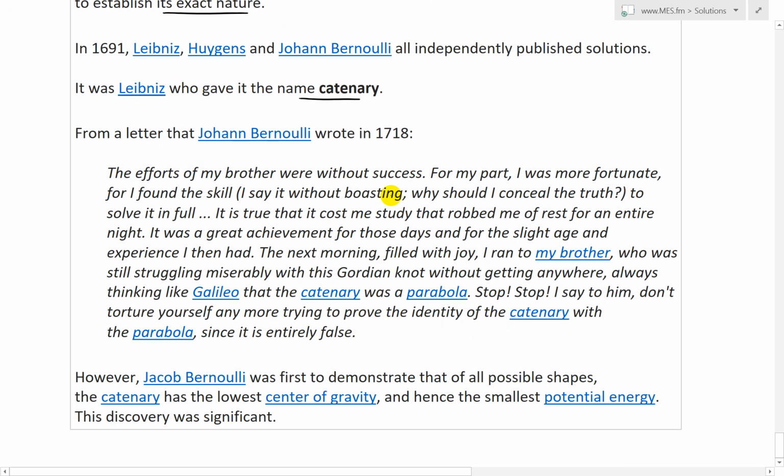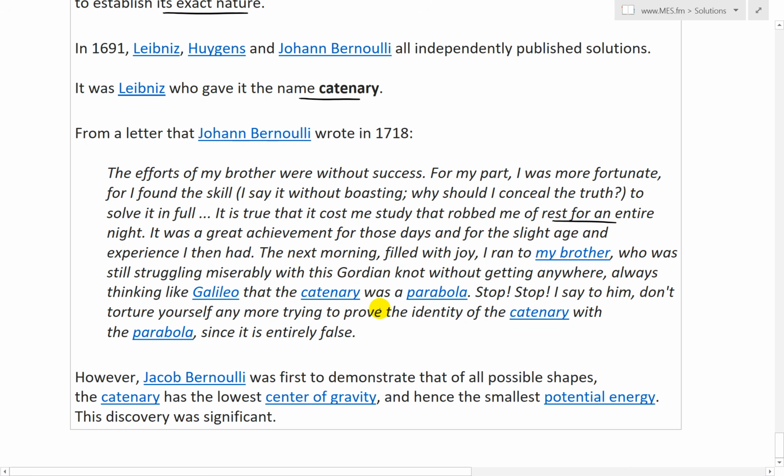From a letter that Johann Bernoulli wrote in 1718: The efforts of my brother were without success. For my part, I was more fortunate, for I found the skill. I say it without boasting. Why should I conceal the truth? To solve it in full cost me study that robbed me of rest for an entire night. It was a great achievement for those days and for the slight age and experience I then had.